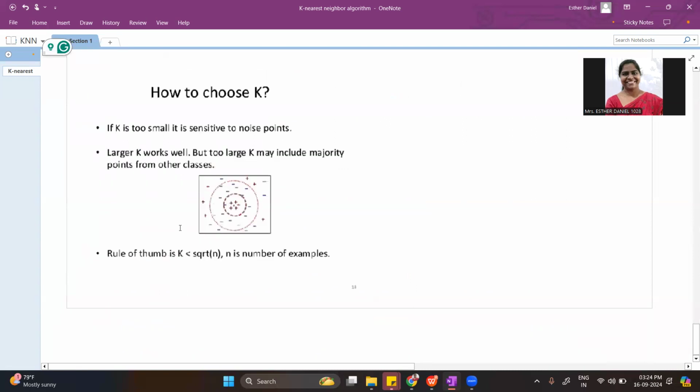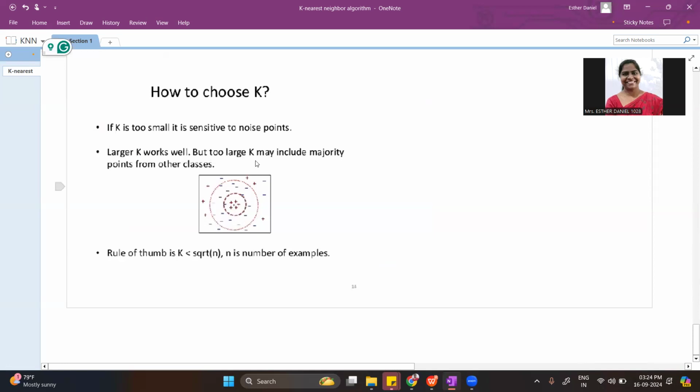K can be calculated by a rule of thumb, where k is less than the square root of n, where n is the number of examples. When my k is too small, it is very sensitive to noise points, and when it is too large, it works well, but it may include majority points from other classes.